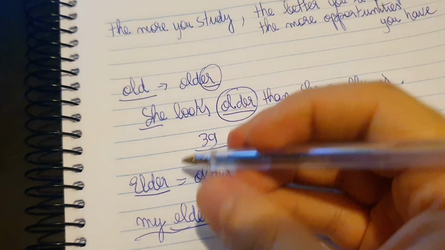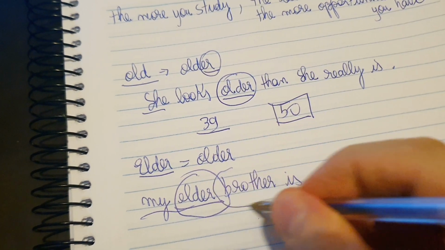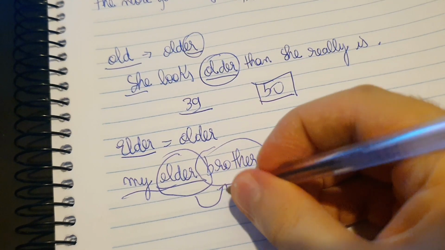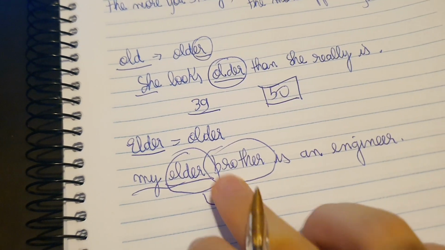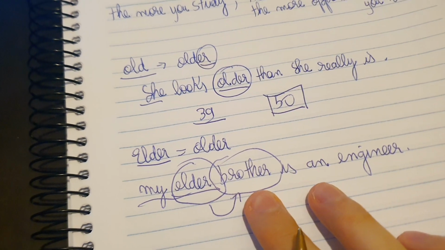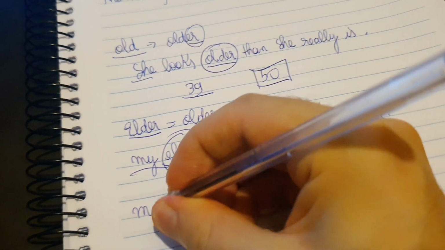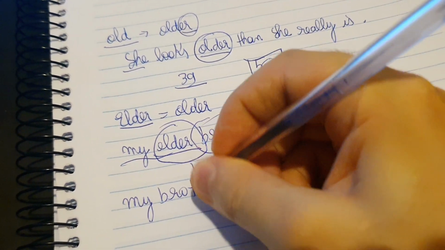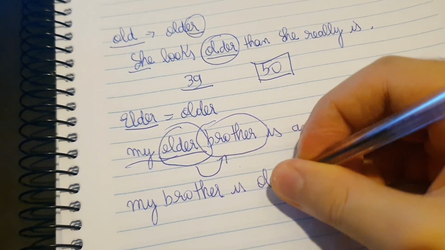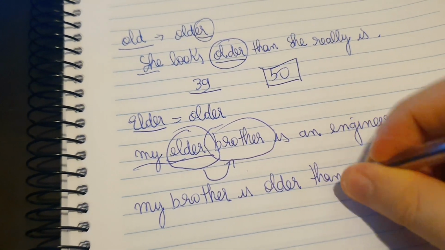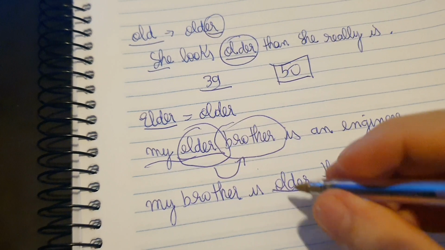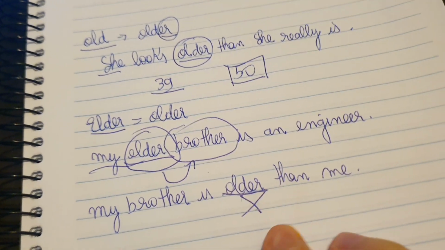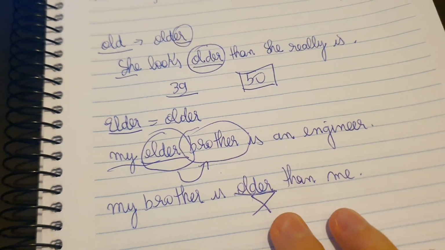So you say, the only way you use elder, it's following a noun like this. When you want to say my brother is older than me, you can't replace older with elder. It's incorrect.